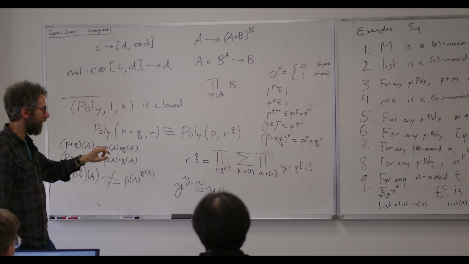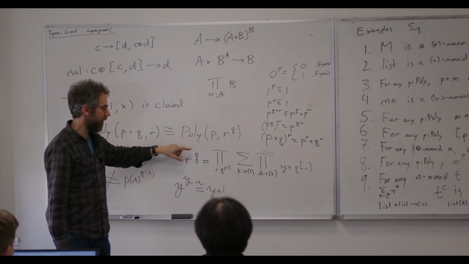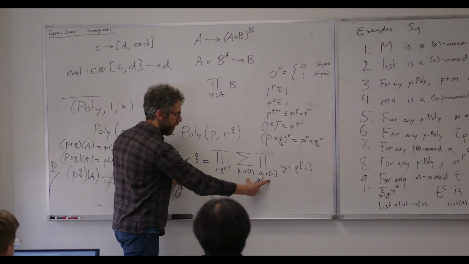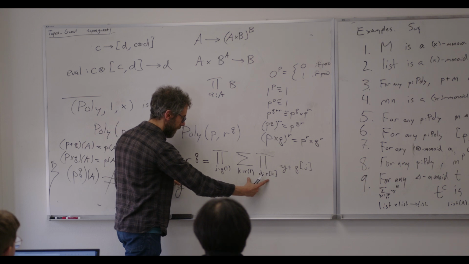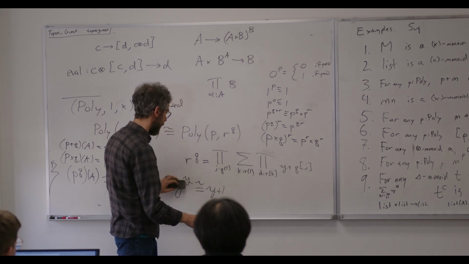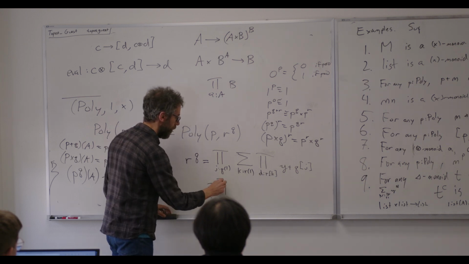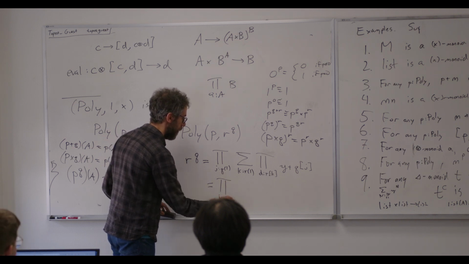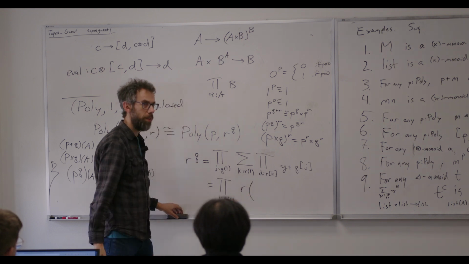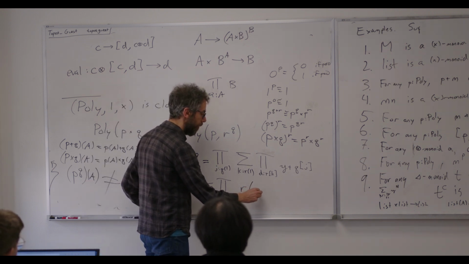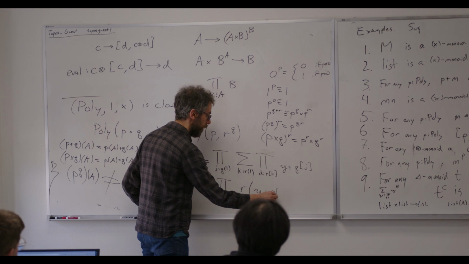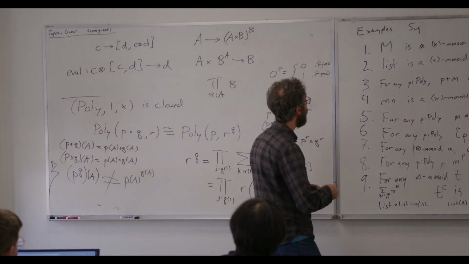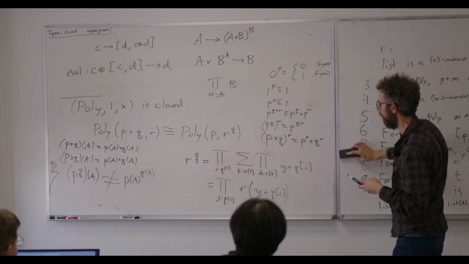So how do you get what this thing is? You take the product over all the positions of Q of R composed with y plus Q bracket J. That application you treat as a constant polynomial.